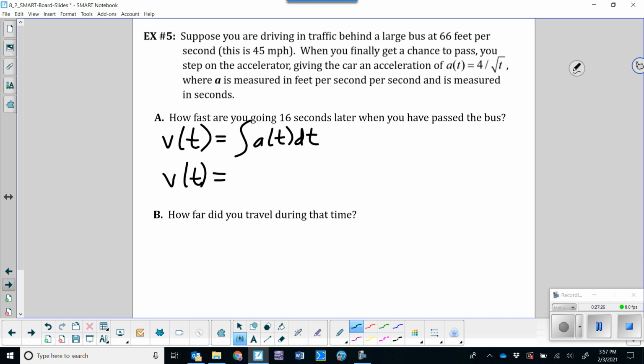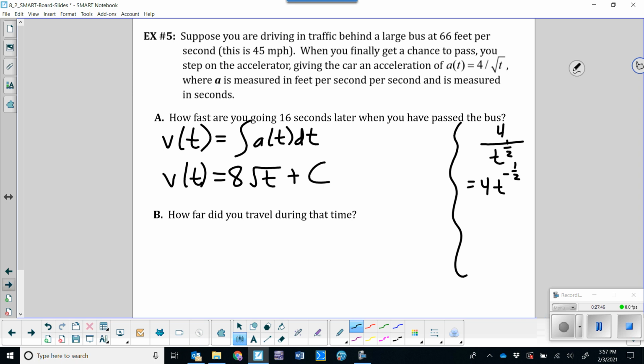I'm going to rewrite that in my scratch area as 4 over t to the 1/2, or 4t to the negative 1/2. So when I integrate that, I'm going to get t to the positive 1/2. So that's square root of t times 2, so that's 8 square root of t plus c.